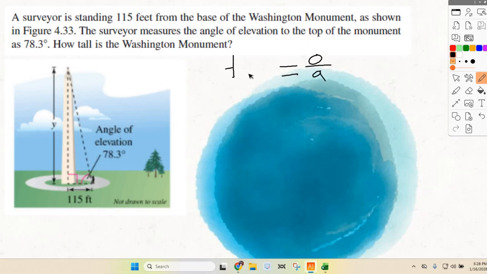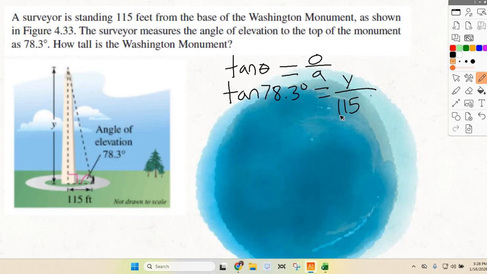So we're going to use tangent of theta equals opposite over adjacent, and then we're just going to fill in. Our theta, or our angle, is 78.3 degrees. Our opposite is what we're solving for, and our adjacent is 115.